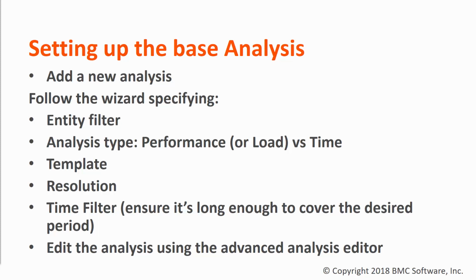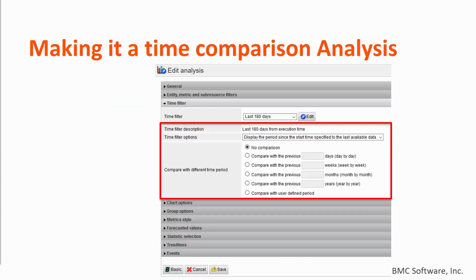Before executing the analysis, edit it, and in the time filter section, choose the comparison setting, so you can compare day over day, week over week, month over month, year over year, or a user-defined period.